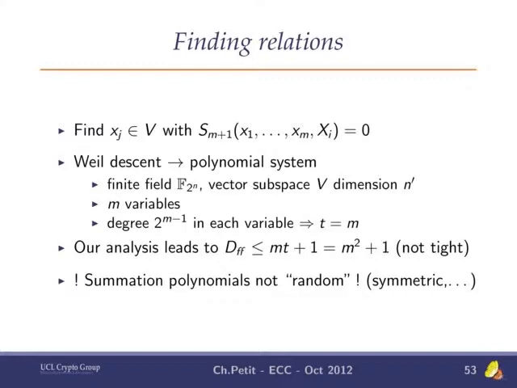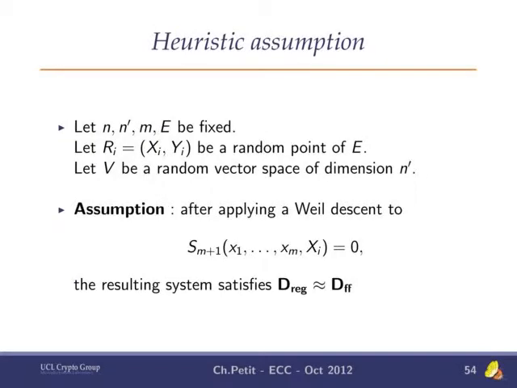Be careful that, as I mentioned before, since summation polynomials are not random, you may have to check the assumption again. So here is the same or a different assumption, a particular case. Let n, n' and m be fixed. Let r be a random parameter, and let v also be random.